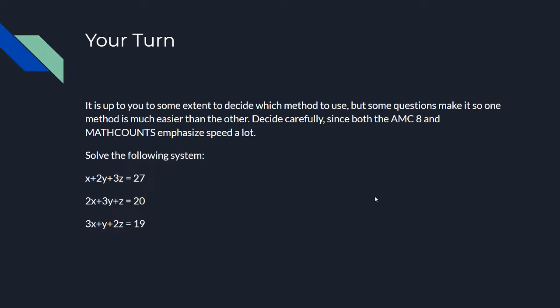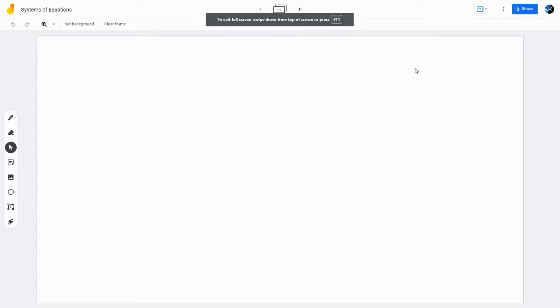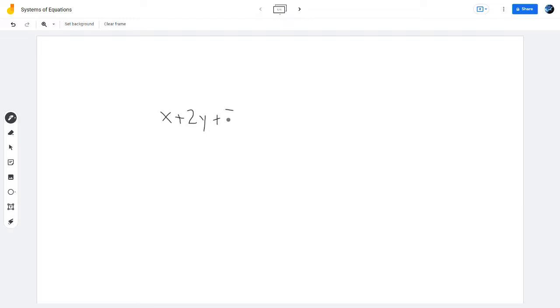So let's see what this problem's all about. We have this system: x plus 2y plus 3z is equal to 27, and then we have 2x plus 3y plus z is equal to 20, and finally 3x plus y plus 2z equals 19.